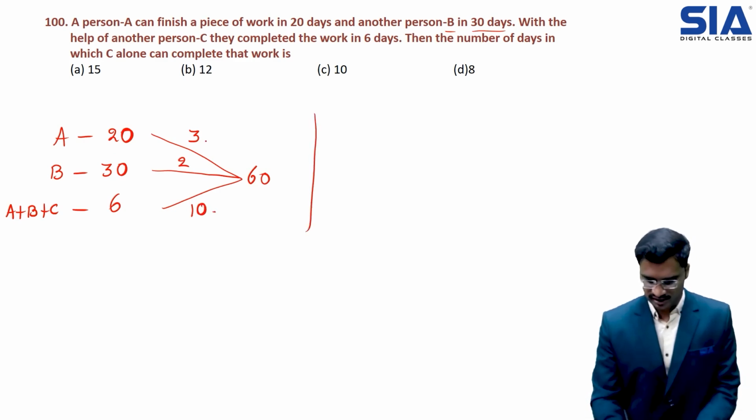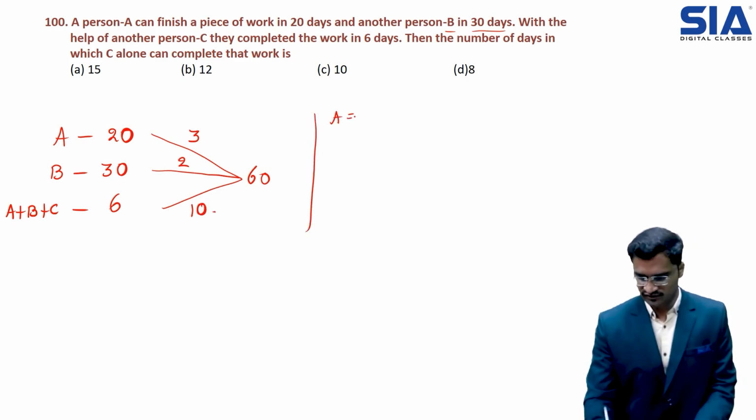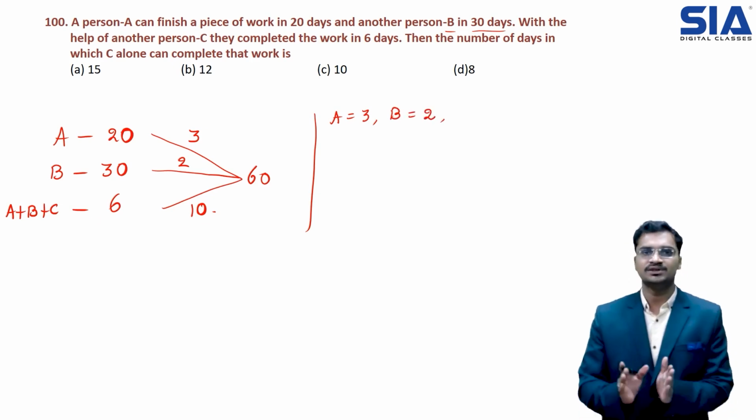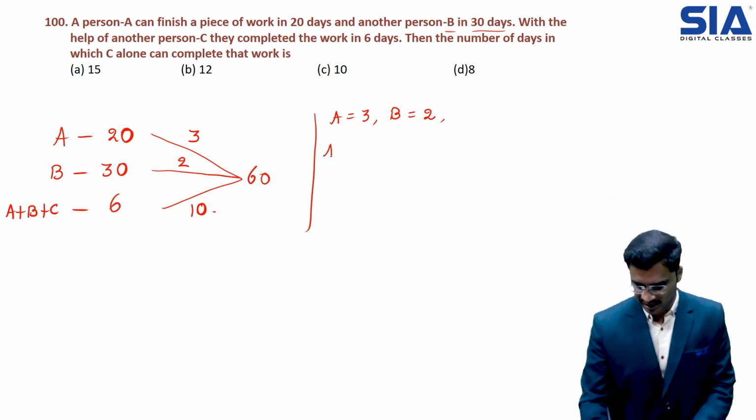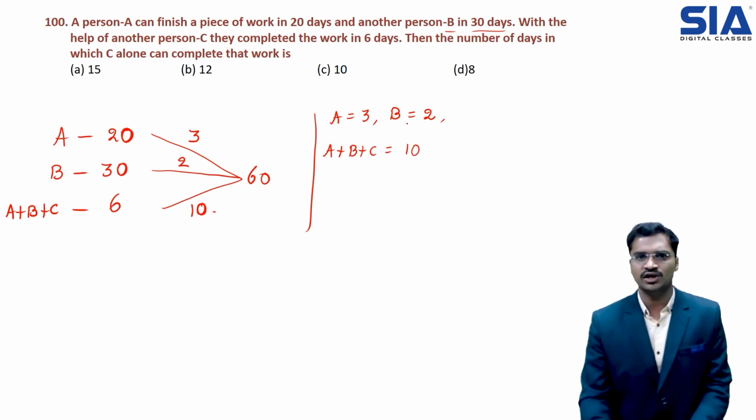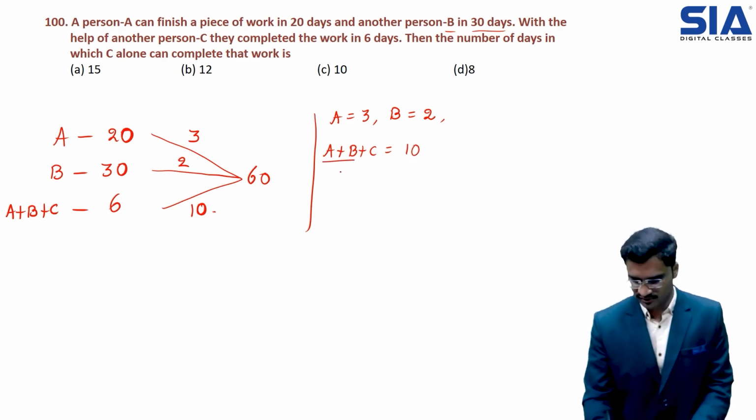So the efficiency of A is 3. The efficiency of B is 2. The efficiency of A plus B plus C is given as 10. The efficiency of A plus B is 5.